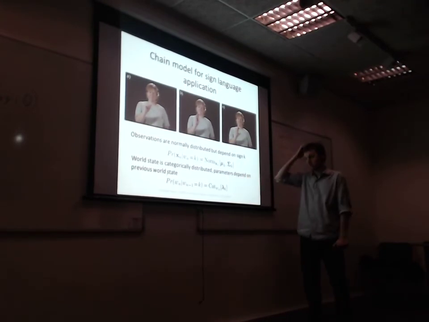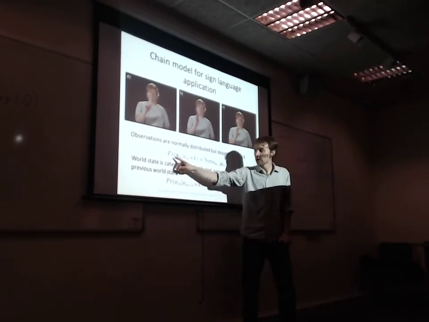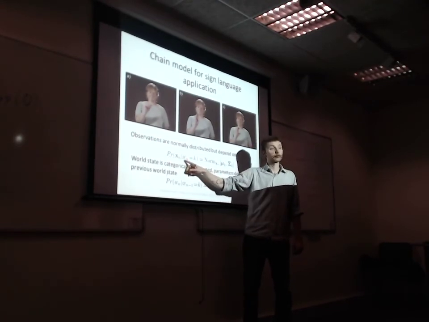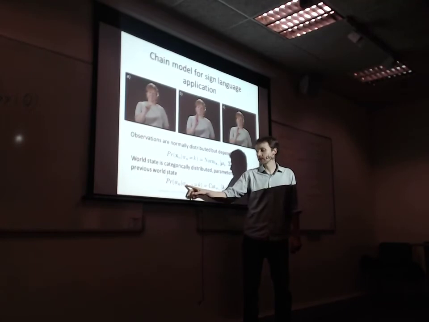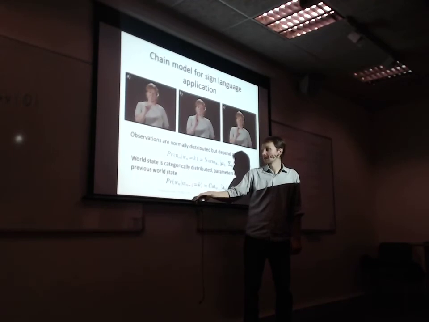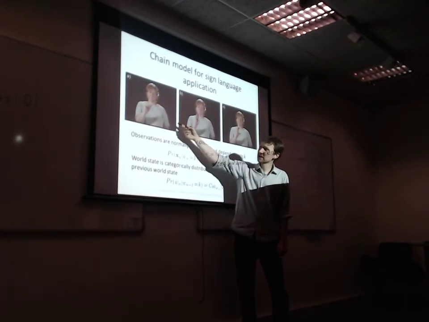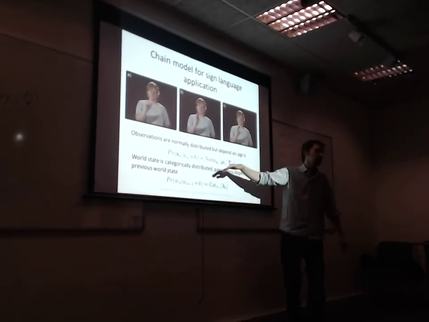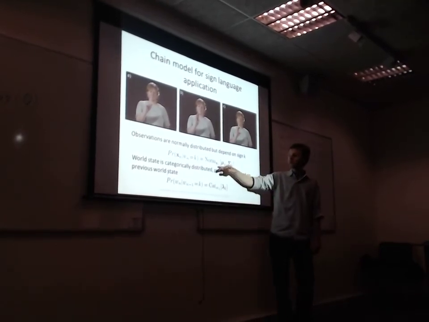So I need to have two things, right? Probability of X given W, and probability of W given the previous W in the Markov model in the chain. We're looking at these types of images, right? I could ask you, but you would probably guess this yourselves.